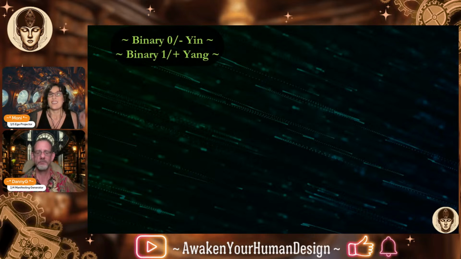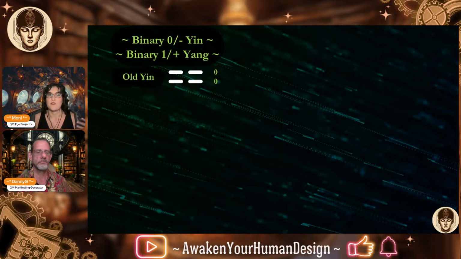And the yang in binary code would be the 1, or the plus sign, because it's the electricity that's moving out. If you have a double yin line, then it's 0, 0. Within the I Ching, this will be referred to as old yin.